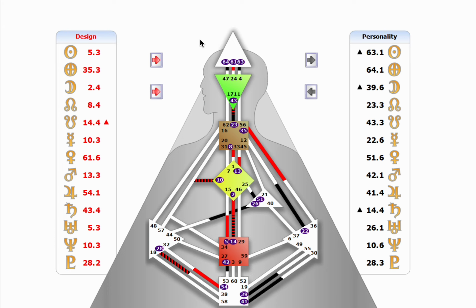And so with this open center, sometimes it's useful to limit your media diet, limit your consumption. If you're feeling like too much is coming in, allow yourself to sit down with a particular question or idea, and not be exposed to a lot more incoming, so that you can be with that thing.